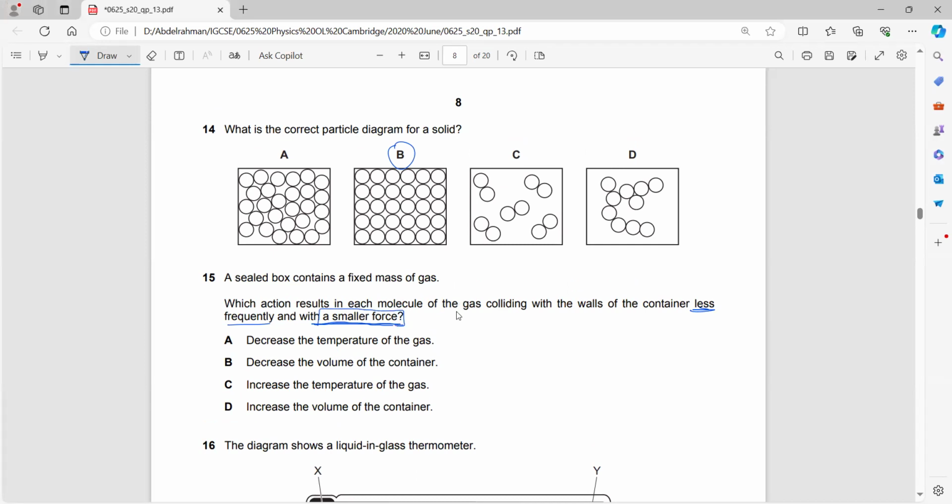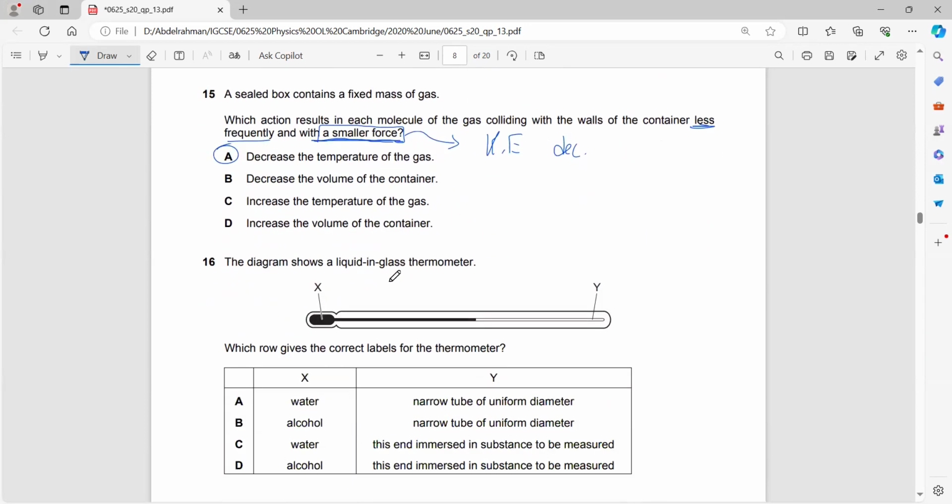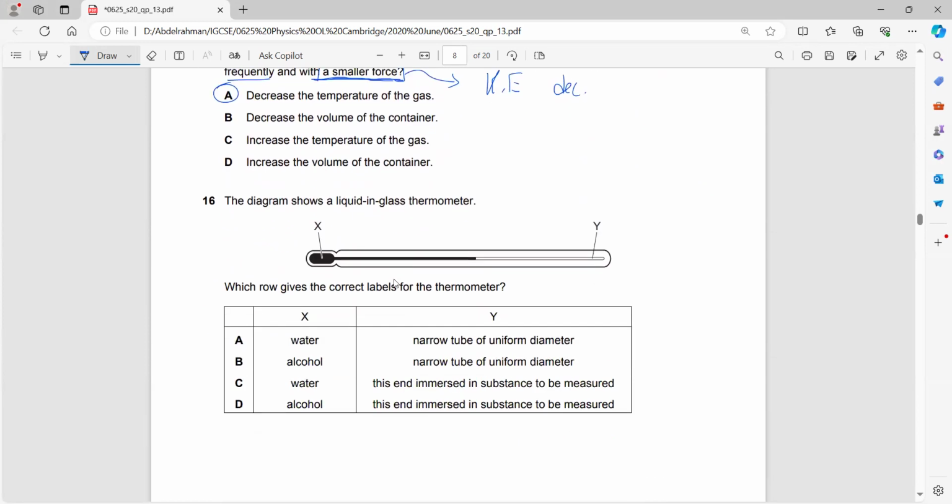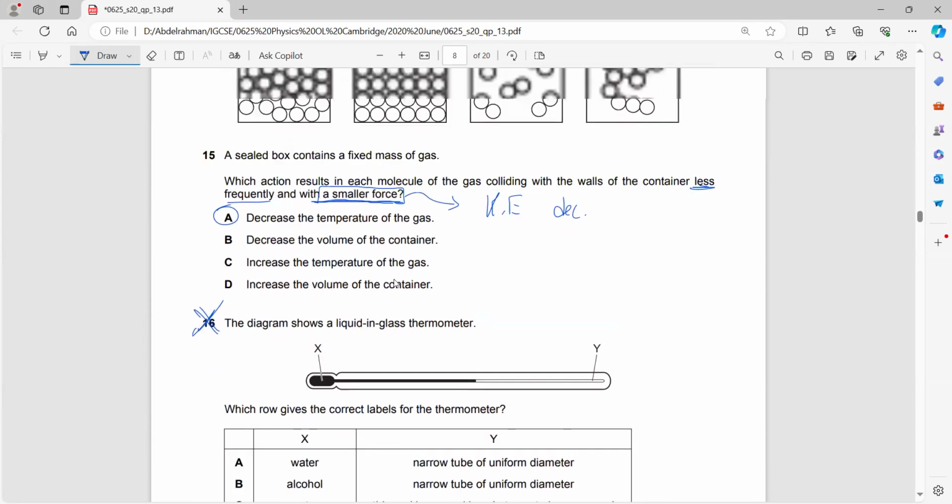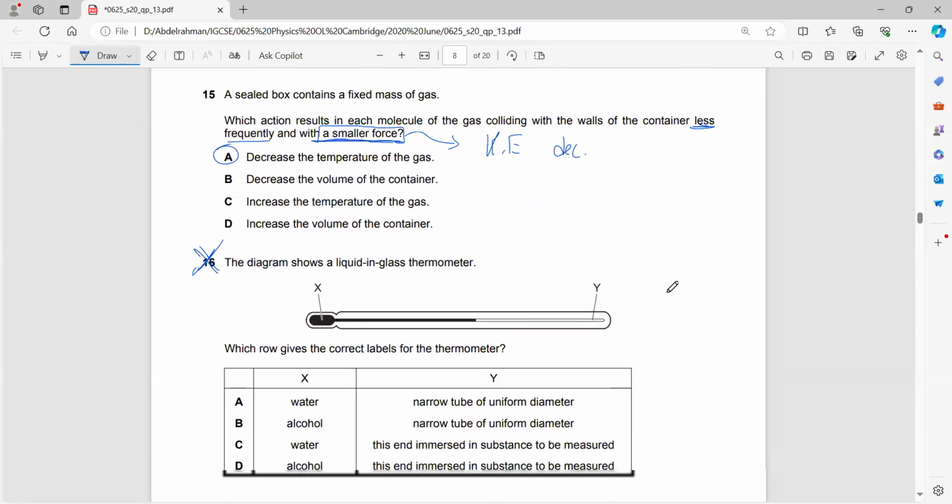With a smaller force means that we will decrease the kinetic energy. The kinetic energy decreases. They move slower. Okay, decrease the temperature of the gas. This is correct. Again, thermometers have been removed. Question 16 is removed.